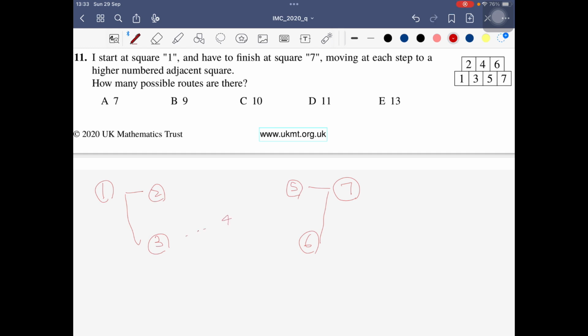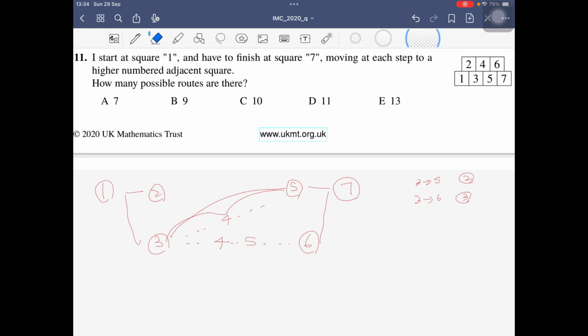So we can go directly 3 to 5 or 3, 4, 5. So 3 to 5, we have two different ways. 3 to 6, we have 4, 5, 6. We cannot go directly to 6, so we need to jump over 4, 5, or 4 and 5. So 3 to 6, three different ways.